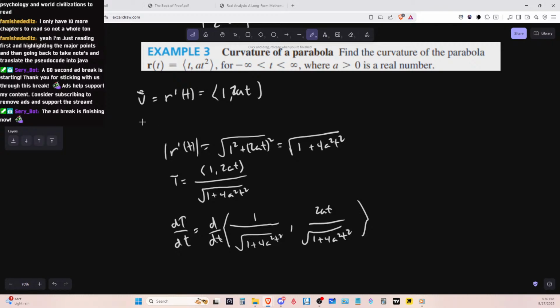Yeah, probably it might be easier to do it the other way around, because if we do take the derivative here, it's just going to give us more of a headache.